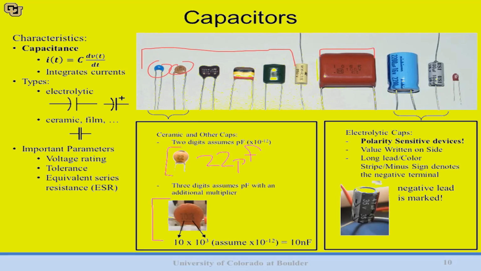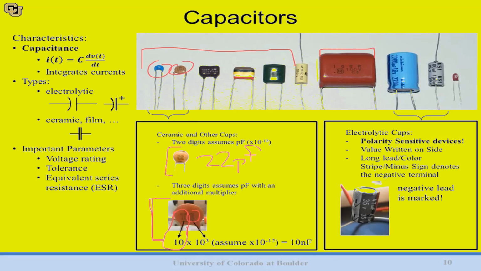If we have a value which isn't easily represented with picofarads, generally there'll be a 3-digit code on the side. For example, this capacitor down in the bottom is 103 labeled on the side. So we read the first 2 digits just as we would with a 2-digit code. So we have a 10, and then the third digit becomes just like the multiplier on a resistor.